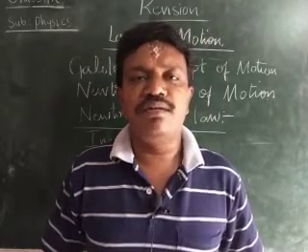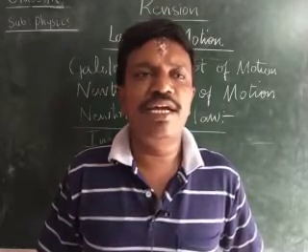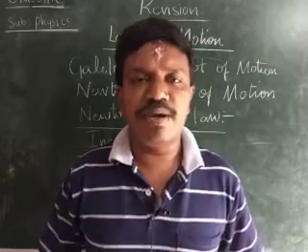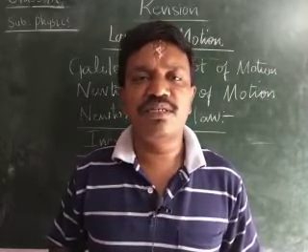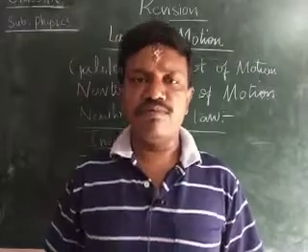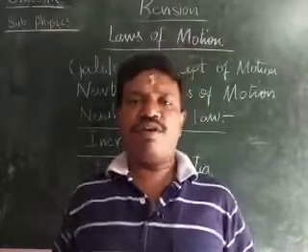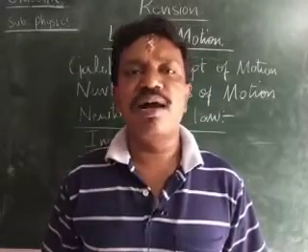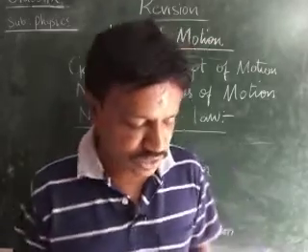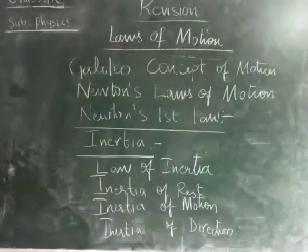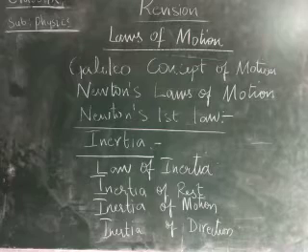The lower part will be set into motion, whereas the upper part will be in the same state of rest. As a result, what happens? We fall backward. The lower part moves forward, whereas we fall backward. That is because of the inertia of rest, children.